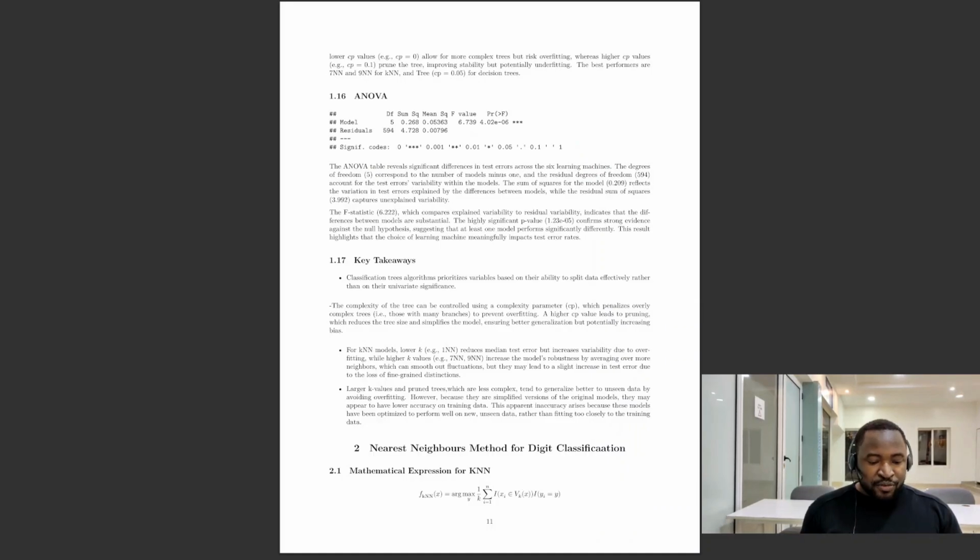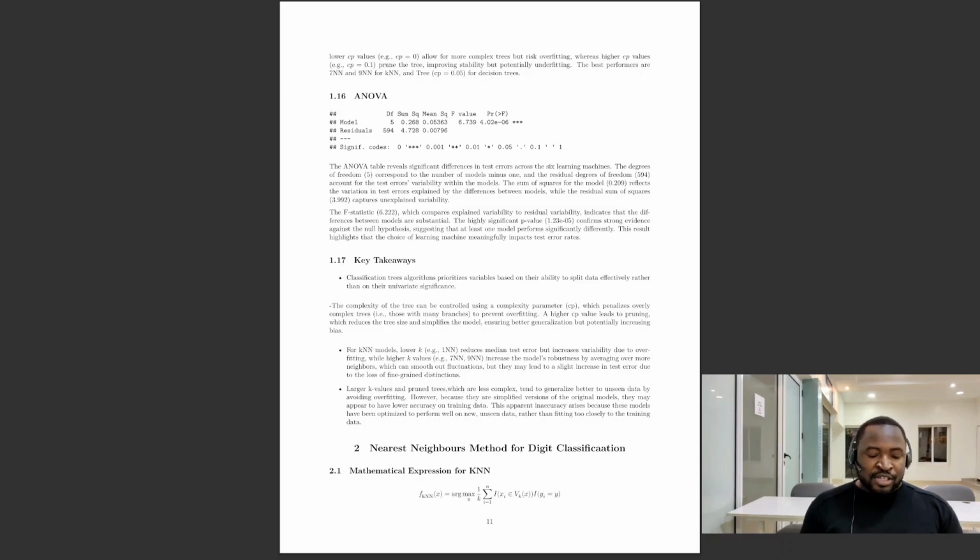Moving on to the ANOVA, the table represents significant differences in test errors according to the 6 learning machines. Looking at the p-value, we can clearly see that these differences between altering the complexity are not just a random chance. Altering the complexity affects the accuracy and the test error of any learning model.